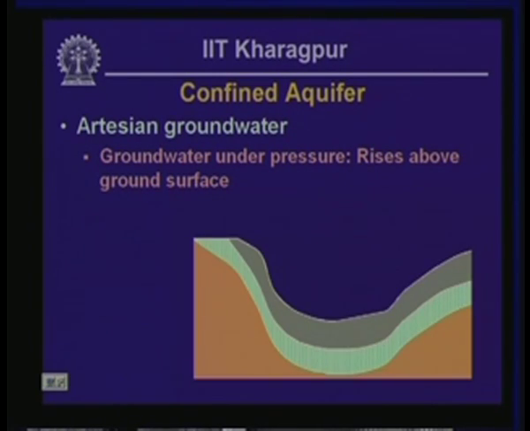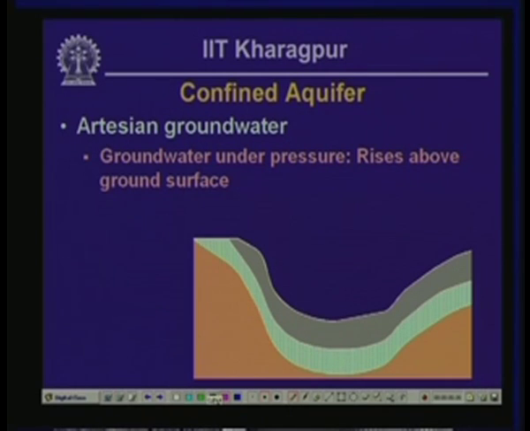Let's consider a lithology of this type, where you have got an aquiclude at the surface. Then our aquifer in this case is sandwiched between two layers of aquicludes.